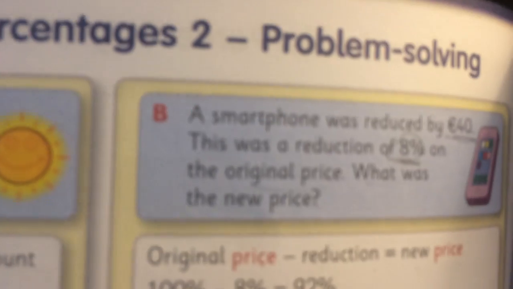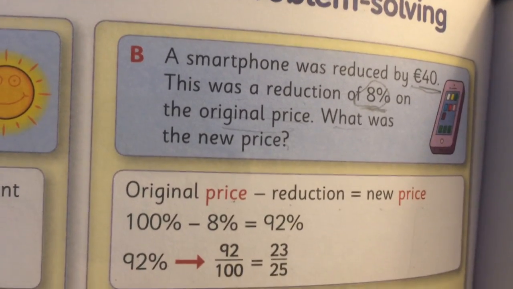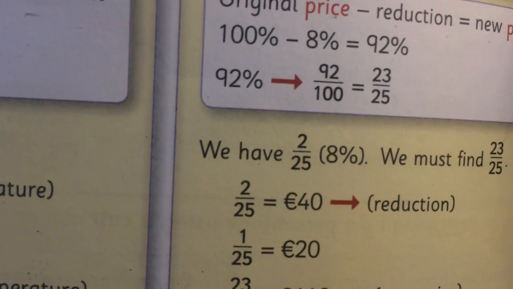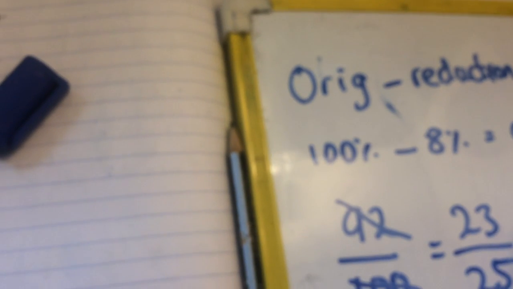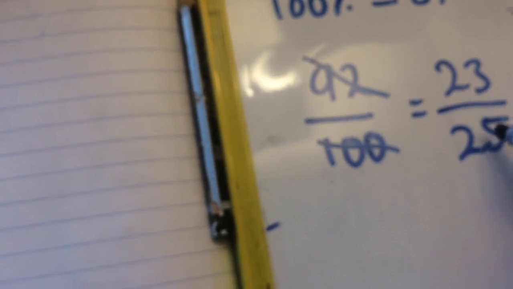Okay, so we know that 40 euros, if you look up here, the smartphone was reduced by 40 euros. So it was reduced by 2 25ths, because we know that the new price is 23 25ths. So to get it up to 25 25ths, it's 2 25ths. Okay, so 2 25ths equals 40 euros.